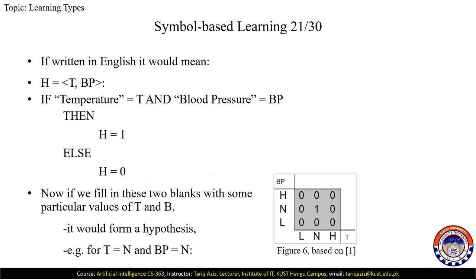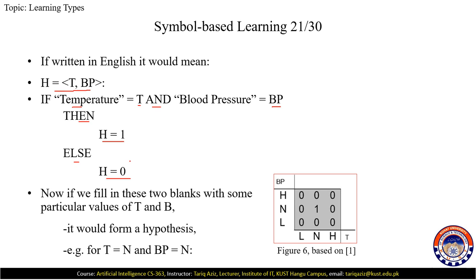Now dear students, if we want to explain this notation in English, then how will we explain this? If temperature is equal to T and blood pressure is equal to BP, then hypothesis is equal to 1, else hypothesis is equal to 0.